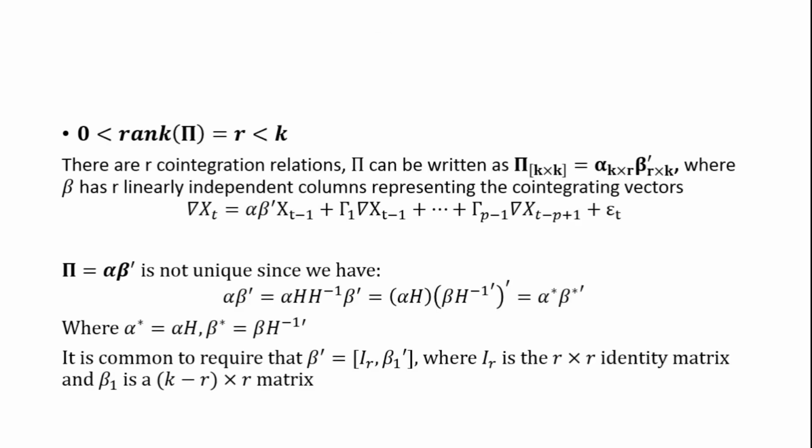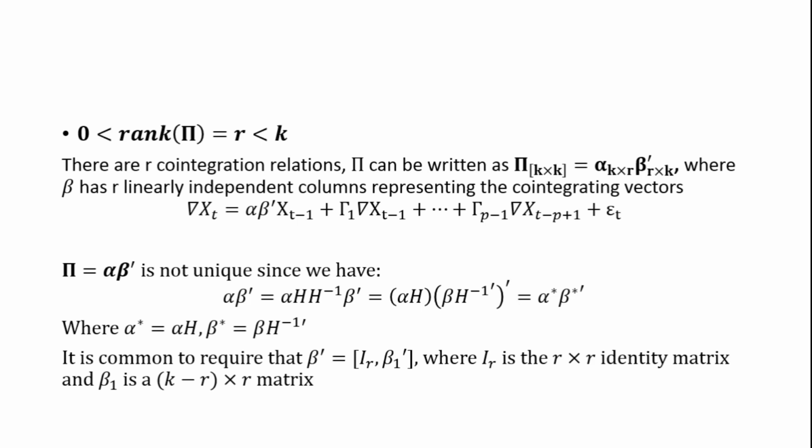If the rank of our matrix is strictly between 0 and k, there are r cointegration relations, and P can be written as a product of two matrices, where beta has r linearly independent columns representing the cointegrating vectors.